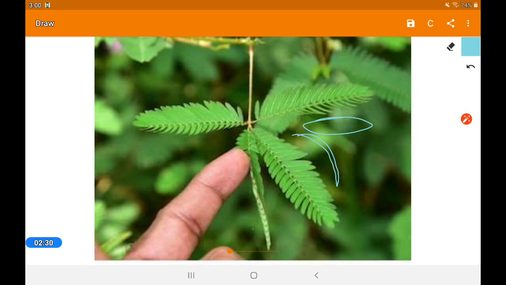So why has it happened? There is some other reason here. Look at the top: there is one area, the base of the leaf. This area is called the pulvinus.